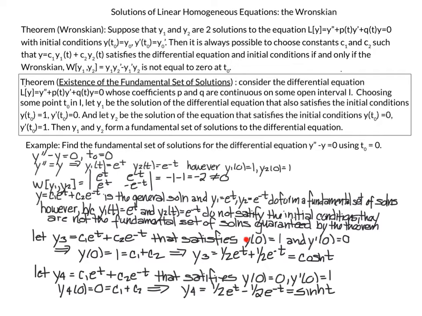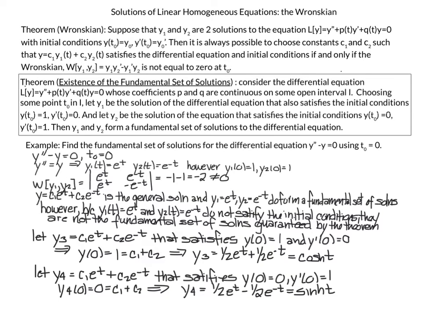So I have that here. y of t naught, remember t naught is 0, is equal to 1, and y prime of t naught is equal to 0. Plugging this in, y of 0 should equal 1, which is equal to c1 plus c2.